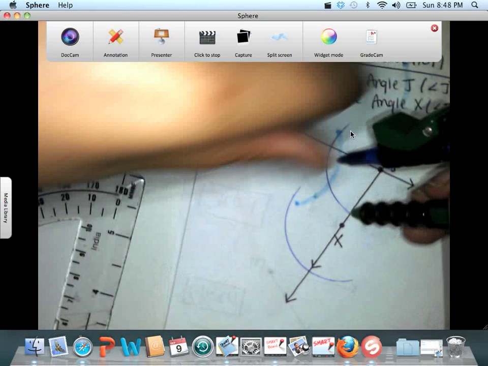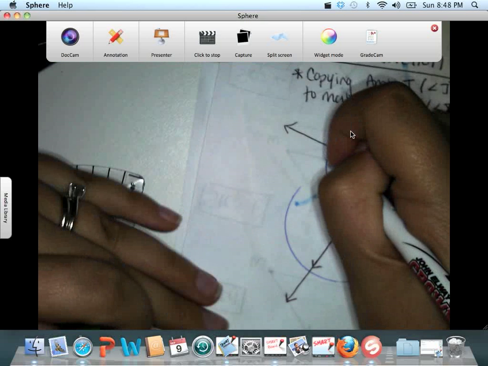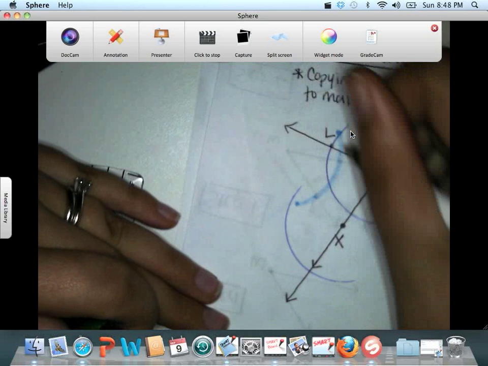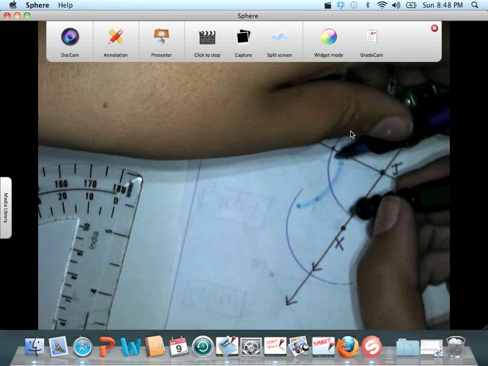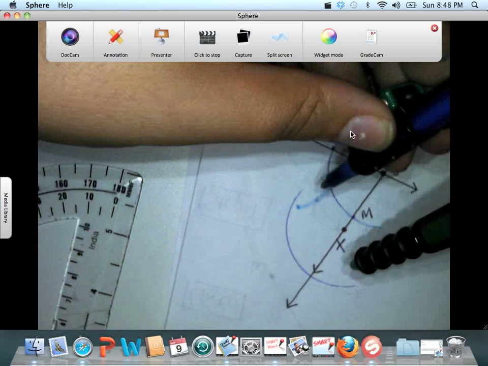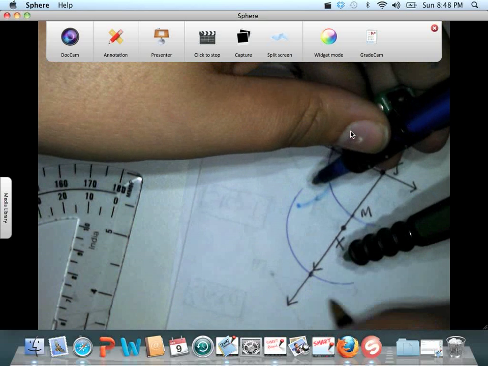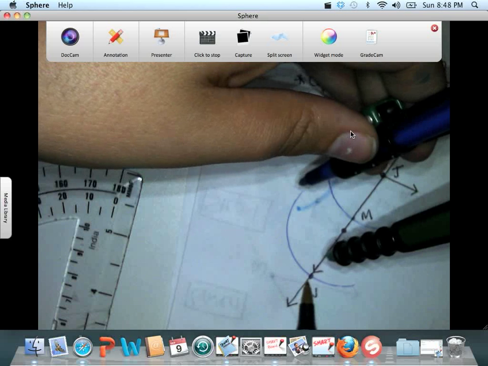So I'm going to measure the width. From here to here, we can give them names. Let's call them L and M. So I'm going to measure L and M like so. Okay? And then I'm going to mark it from point N. That was the intersection the arc created.